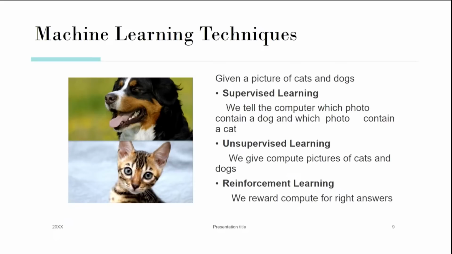This way we keep on training. With this, the model learns that whenever it says dog for images with these features, it gets rewarded, and if it says it wrongly, it gets punished. This way the computer learns. This is what we call reinforcement learning: if the model identifies something positively, we reward it, otherwise we punish it.